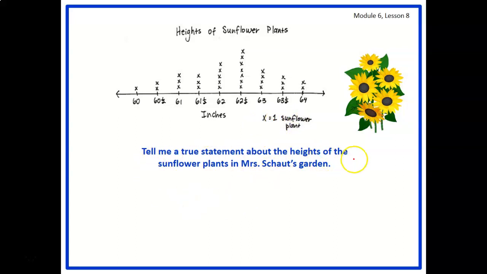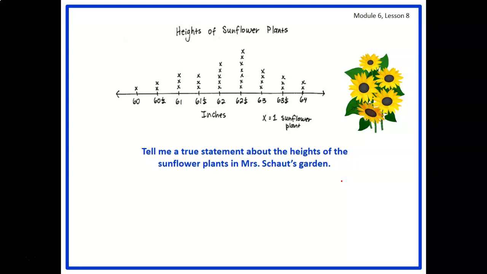Tell me a true statement about the heights of the sunflower plants in Mrs. Schnott's garden. One true statement. Well, I think that I could say that 60 inches had the least amount of flowers.